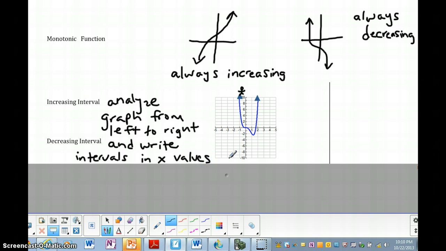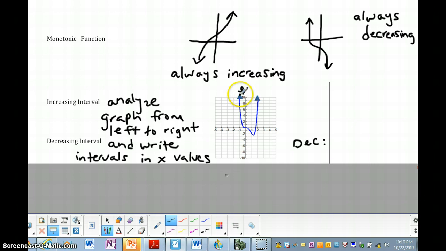So again, going back to this graph, this section right here would always be decreasing. Our slope here is always going down. If we think about our derivative, it would always be negative here. So that would be our decreasing interval. And remember from Algebra 2, we would write that in the x values.